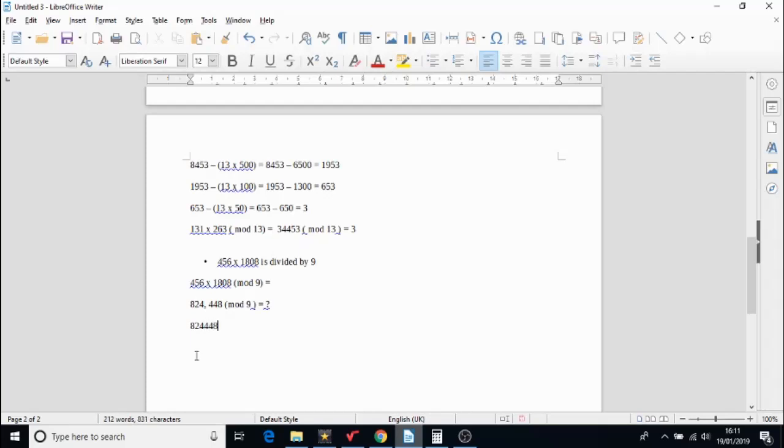If you know your 9 times tables, we can do 824,448 minus 810,000, because 81 is a multiple of 9. So 9 multiplied by 90,000.